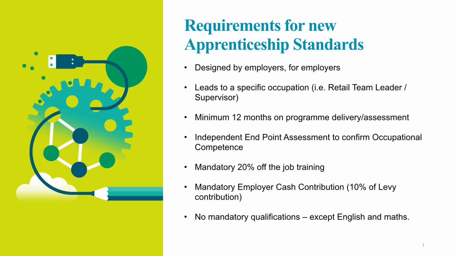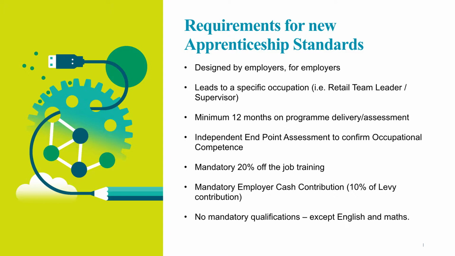Up until the 1st of May, this was actually a 33% contribution. It is now a 10%, and apologies, there's a slight typo on that slide where it says 10% of levy contribution. It should be a 10% contribution or 100% levy contribution. And we'll come on to the levy in a bit. And again, requirements which are slightly different, and the final couple of slides will cover this in more detail.